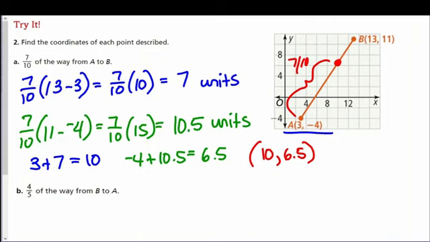Okay, so now consider example B. We're trying to find 4/5 of the way from point B to point A. Now we're going to do it very similarly, but we're going to be subtracting our change from B since we're moving backwards from B to A rather than moving to the right from A to B. So we're still going to find the horizontal change.